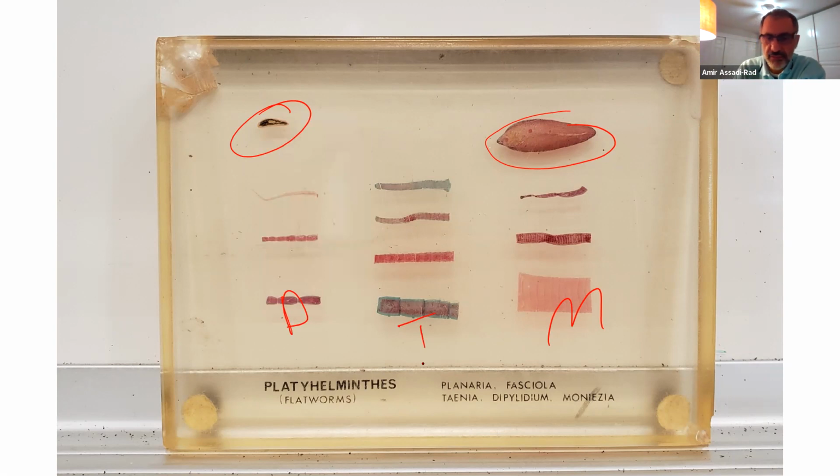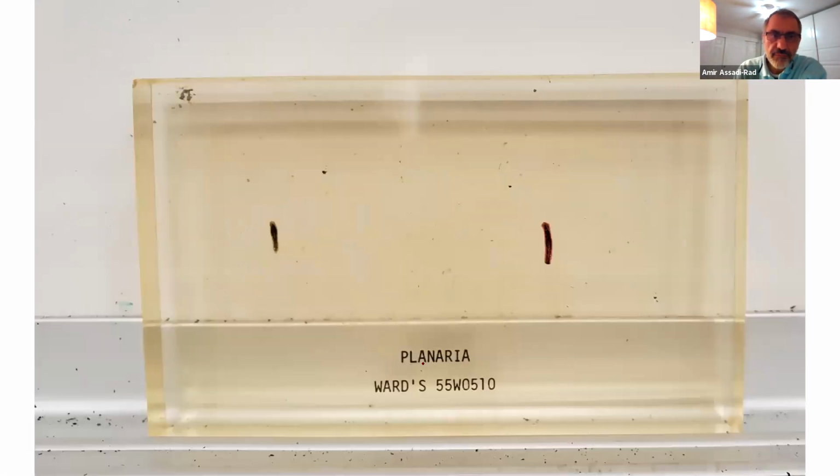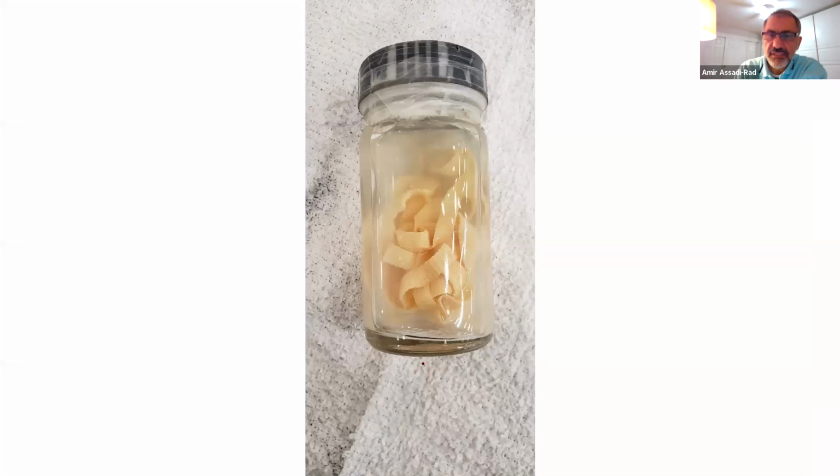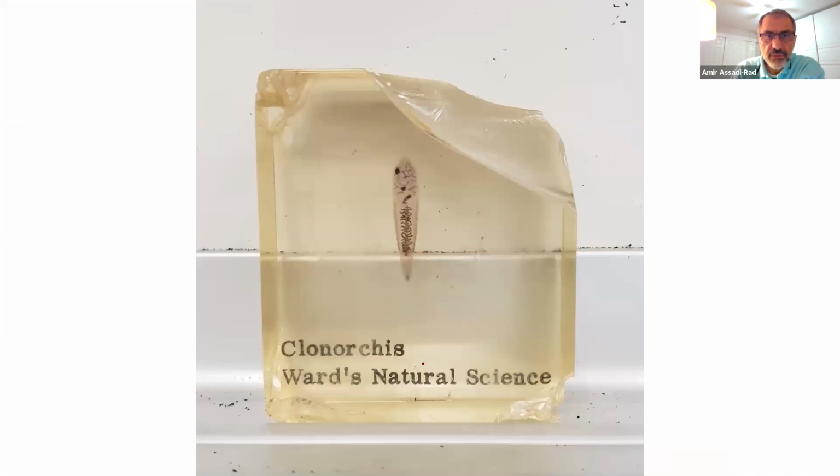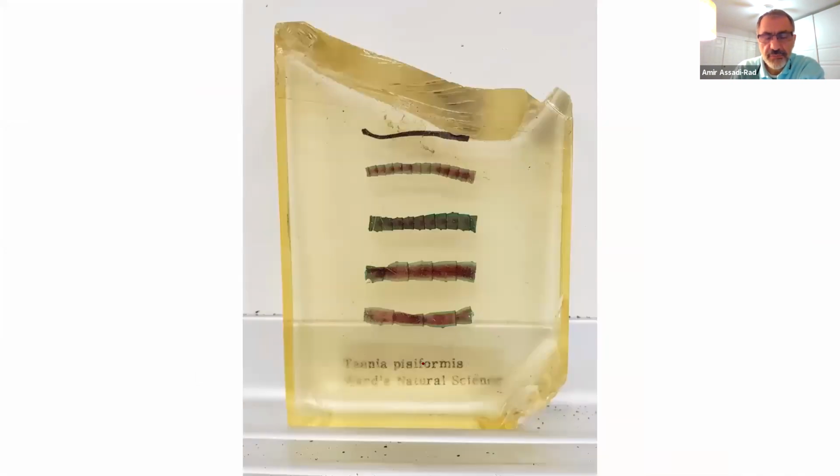I think I've mentioned, okay, planaria. This is the Monesia, the tapeworm in cattle. They do not harm them. They do not harm us. So Clonorchis sinensis, Taenia pisiformis. If we humans come across it, it does not bother us.